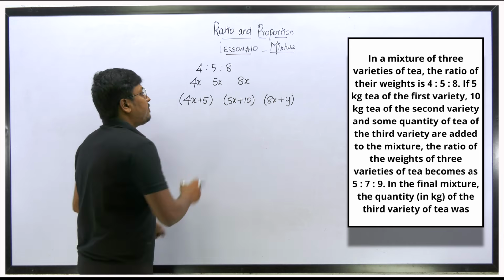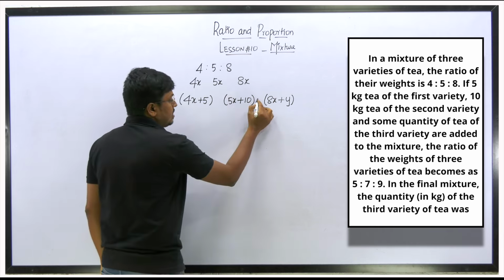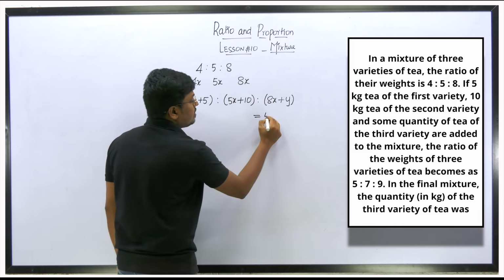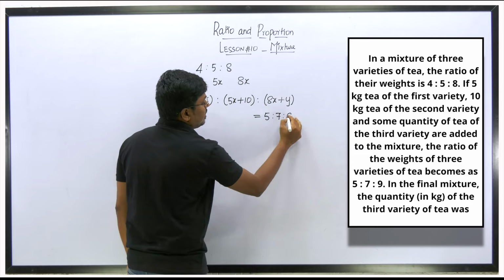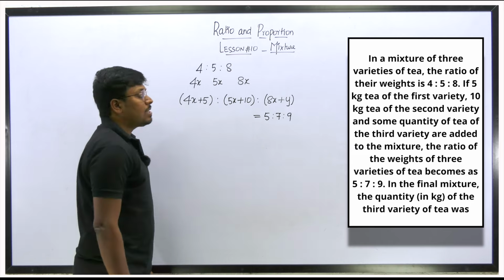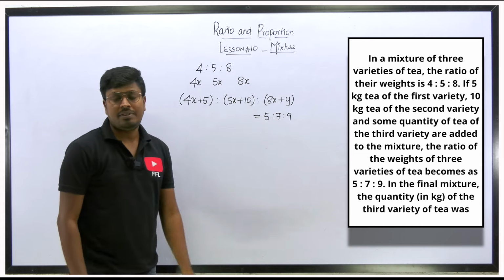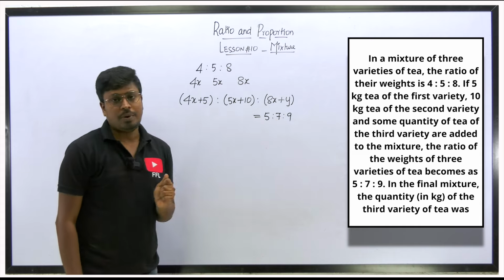Got it? After adding the kg in this ratio, the new mixture of tea is in the ratio of 5:7:9. So our target is to find how many kg have been added to the third tea. We need to find the value of y.